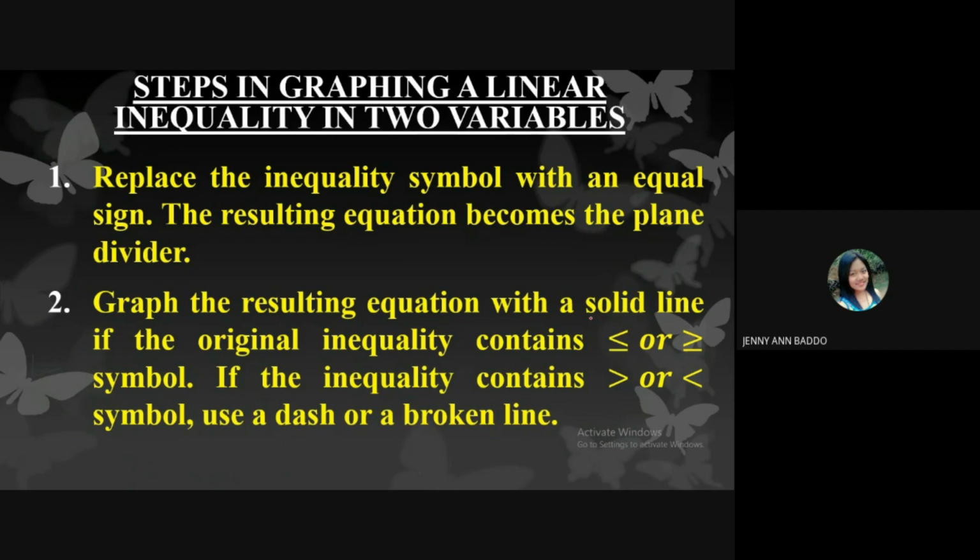We use a solid line to imply that all points found on that line are also solutions of the given linear inequality. If it's a broken line, then all the points found on that plane divider are not solutions of the given linear inequality.